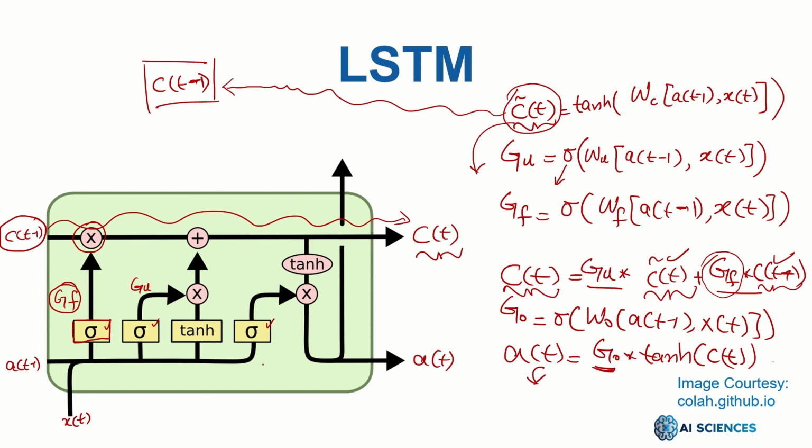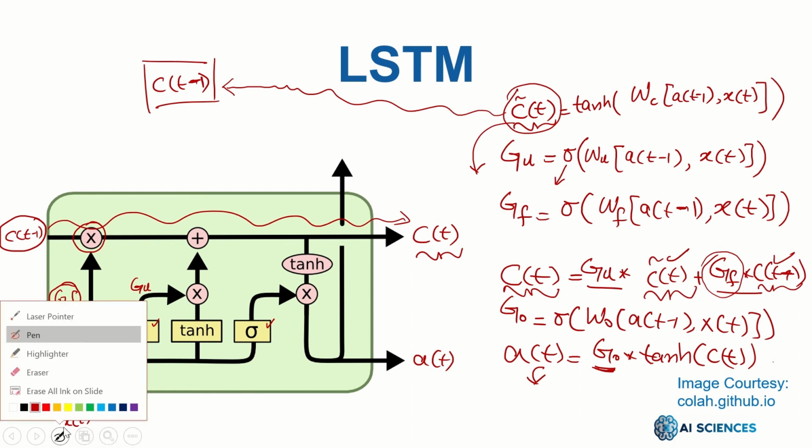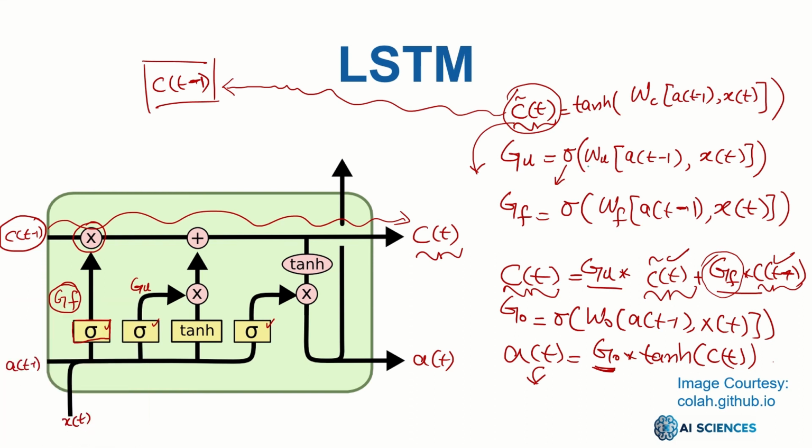All these parameters are gate parameters. Other than these kinds of parameters, the rest of the network, through the training data, gets the best values of these parameters.